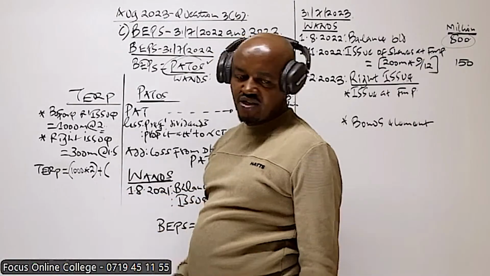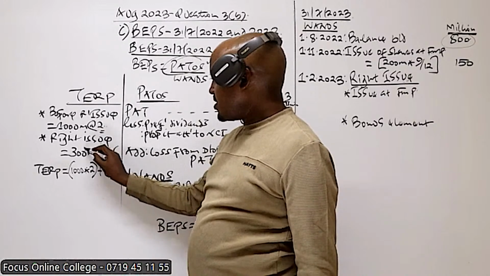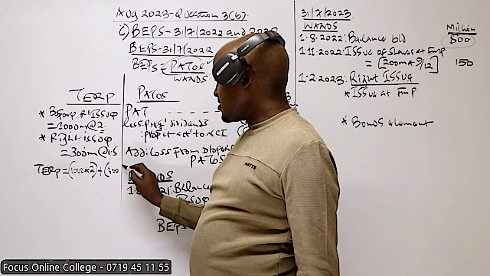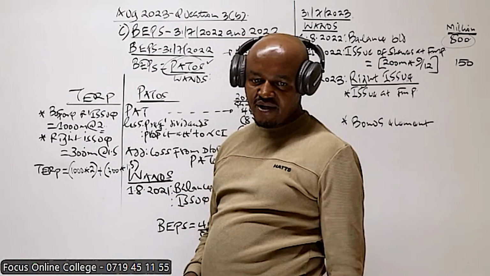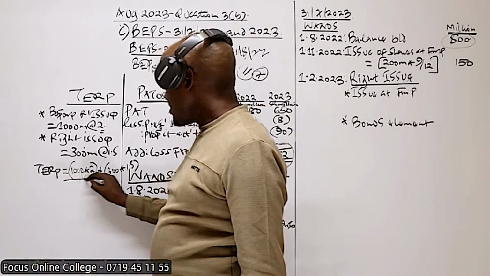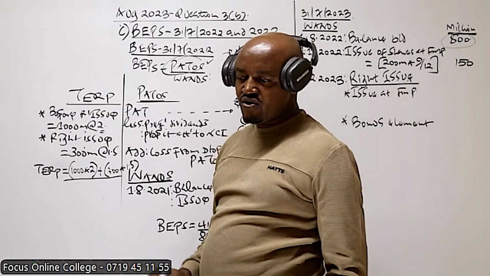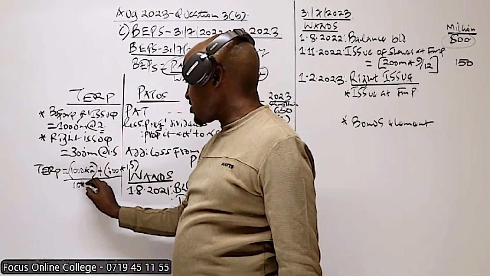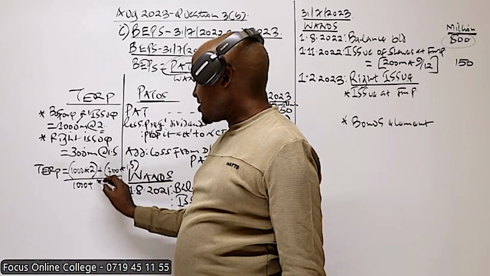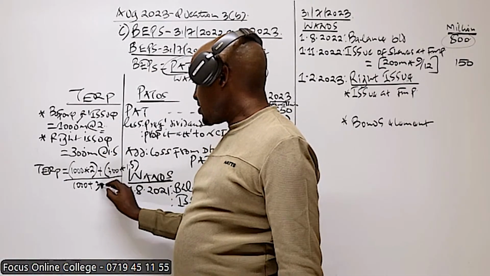And then you take the shares which were issued during the rights issue, 300 million times the issue price. Are we together? And then divide that with the total shares issued before and after: the shares issued before the rights issue, 1,000, plus the shares issued during the rights issue, 300.